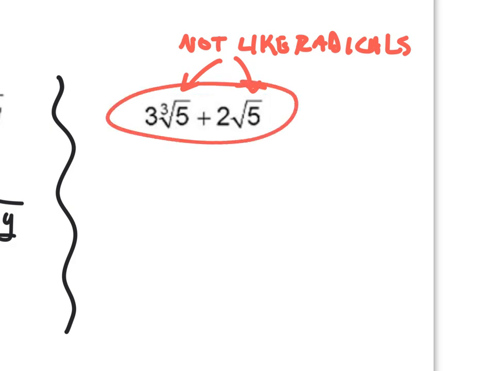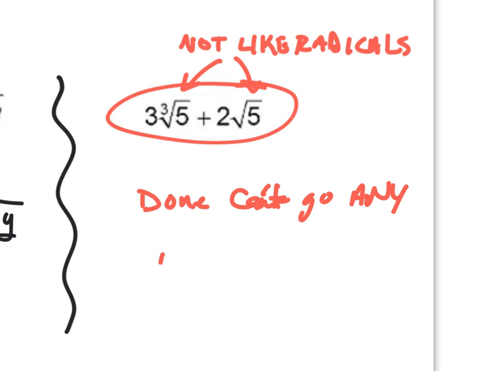You can't simplify that any further. You can't factor out a common square root of 5. This is a cube root of 5, and these are different. They are not the same. Even though the 5s are the same, your index has to be the same. So this is done. Can't go any further.